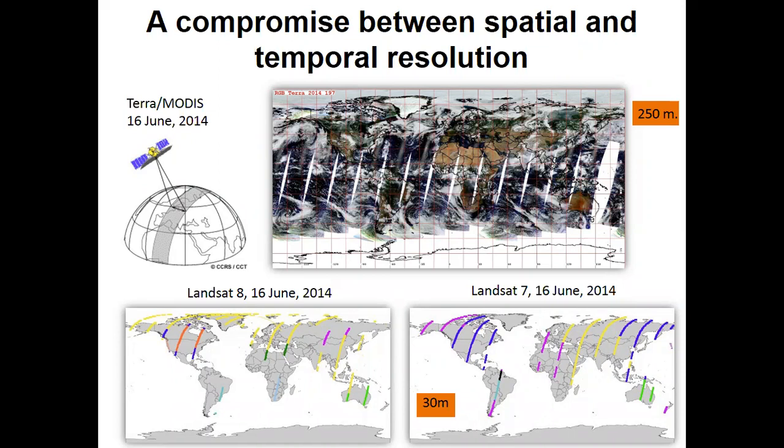And 2 satellites, Landsat 7 and Landsat 8, on the same day, only produced these thin stripes of coverage for the whole Earth. So together they will need more than a week to cover the whole terrestrial area of our planet. So this is usually a compromise, and we should keep it in mind.